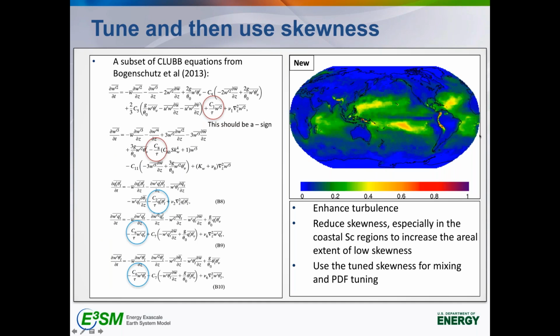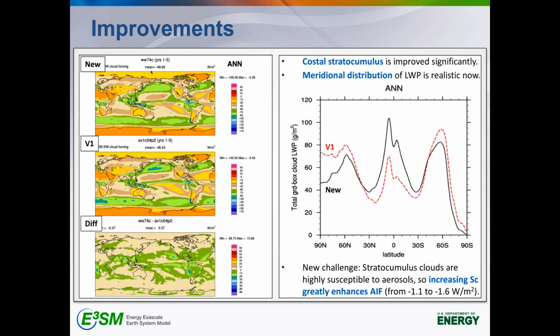So this is a new skewness plot. You can see overall the skewness is reduced, which allows more low clouds to form. And the second important thing is that the low skewness area near the coast has been expanded, so this allows more coastal stratocumulus clouds to form.